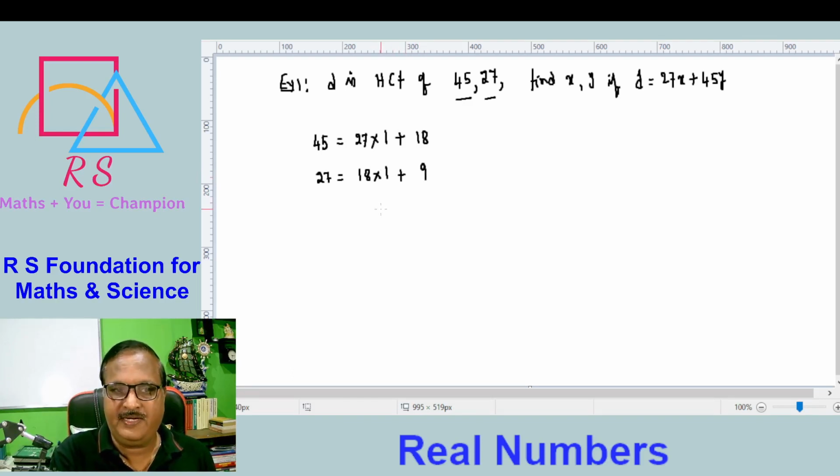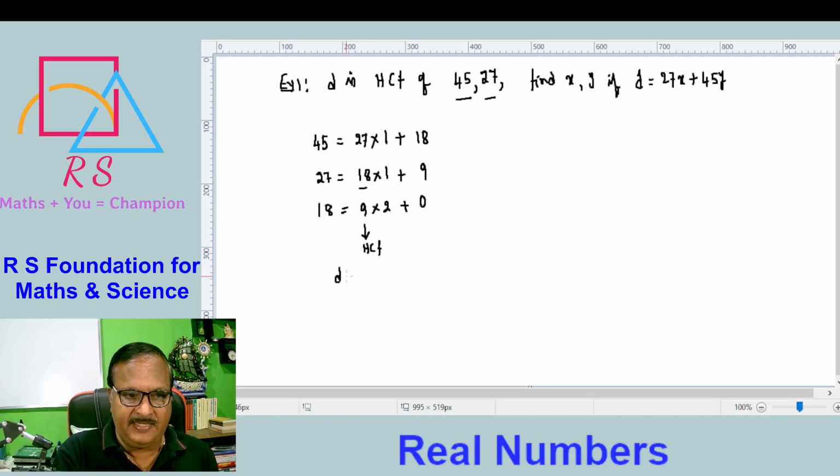This is step 2 of EDL. Again 18 becomes dividend and the remainder 9 becomes divisor. 9 twos are 18, remainder is 0. So therefore 9 will be the HCF.